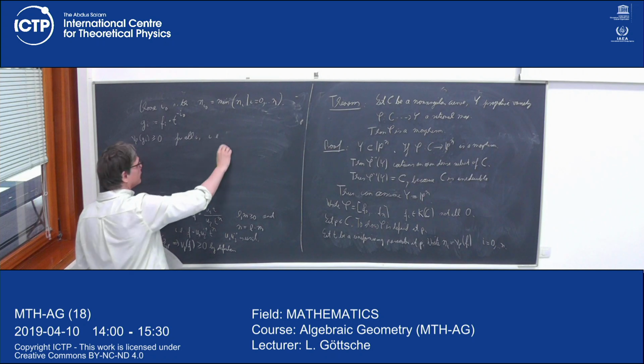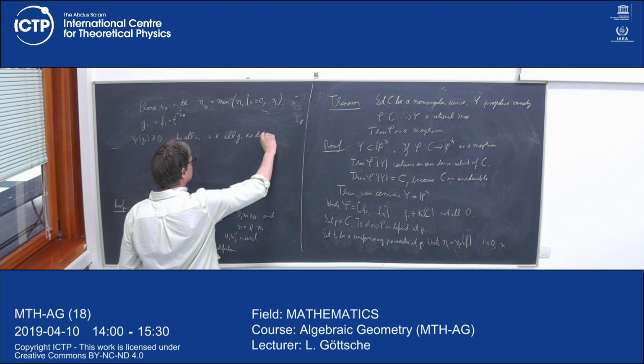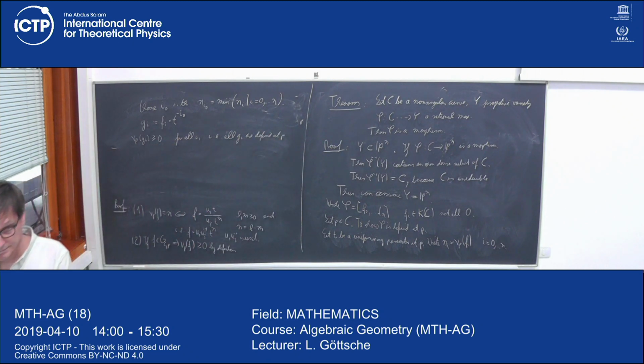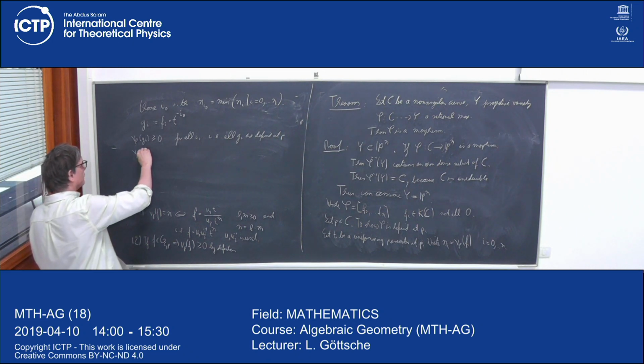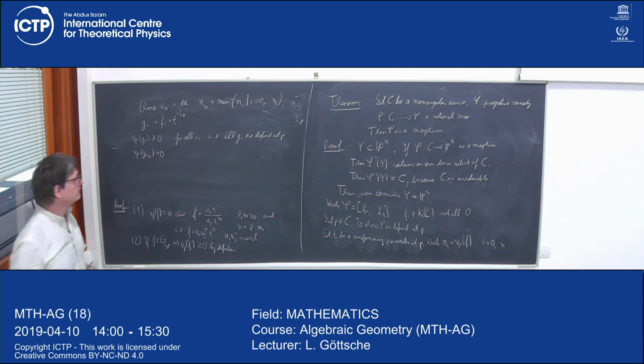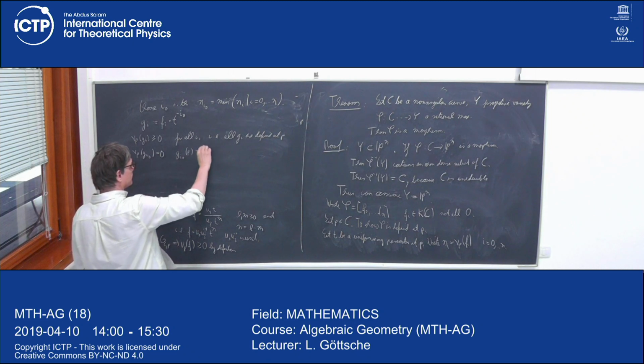That means all gi are defined at P, because that means they are in O_P. And mu_P of gi0 is equal to 0. That means gi0 at P is different from 0.